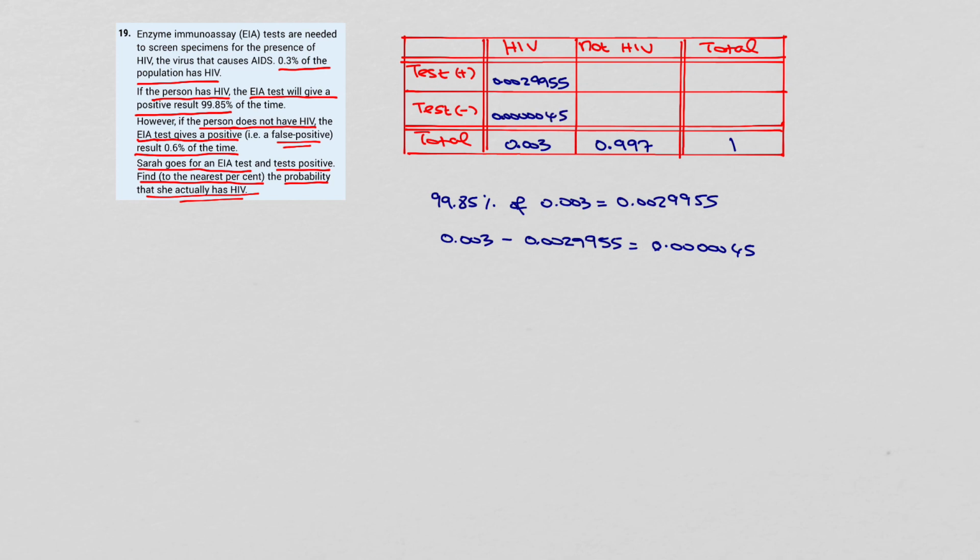And again, just double checking, add those two together and make sure you have 0.003. And then we're told that if a person does not have HIV, they'll test positive 0.6% of the time. So in other words, 0.6% of 0.997 gives us 0.005982. That's if they're testing positive but they don't actually have HIV.